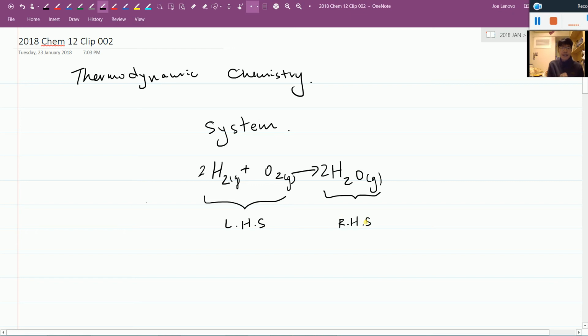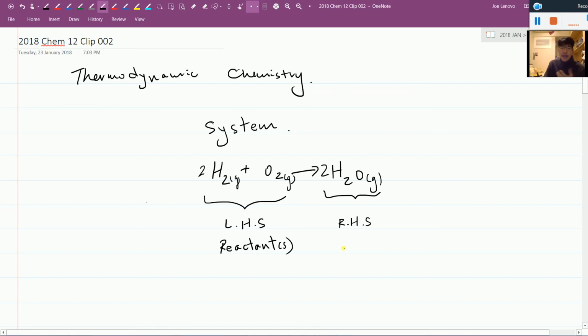The left hand side and right hand side are very important in thermodynamic chemistry. You need to stay most of the time on the left hand side. We call them the reactants if there's more than one.